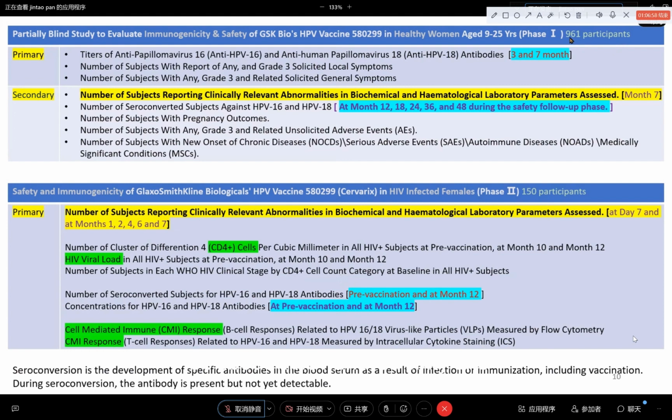It's about 961, but in phase 2, they only chose 150. The population is different because in phase 1 they chose healthy women, and in phase 2 they chose HIV-infected females. They are also different in the time points.